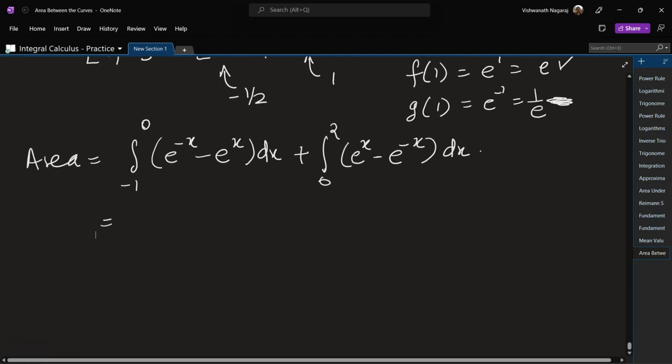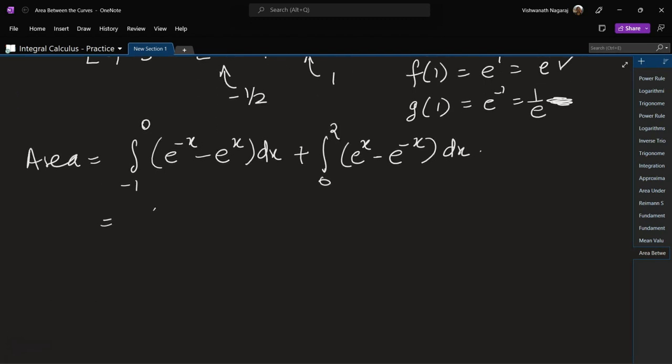Okay, now let's integrate. Minus e to the power of minus x minus e to the power of x from minus 1 to 0 plus e to the power of x plus, minus minus, so plus e to the power of minus x from 0 to 2.